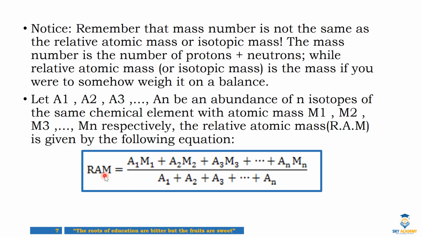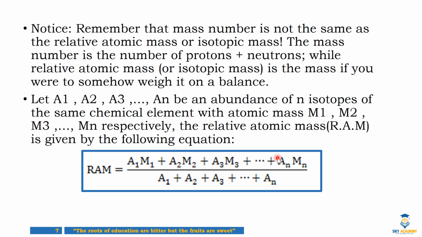So the formula is this one: relative atomic mass is equal to abundance 1 for one isotope times atomic mass 1, plus abundance 2 times atomic mass 2, plus abundance 3 times atomic mass 3.